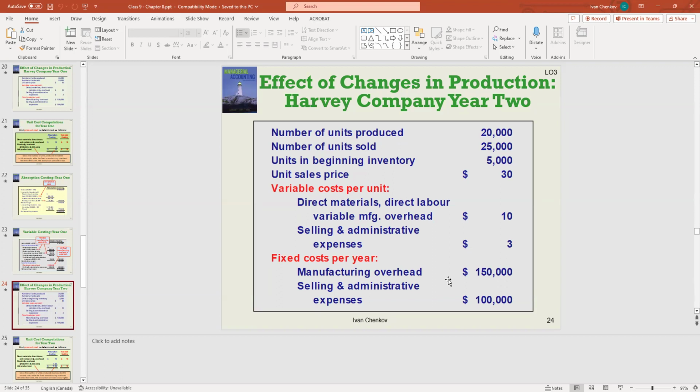Help me out here. How did we calculate the fixed cost per unit a few minutes ago? We just divided the manufacturing overhead by which number?